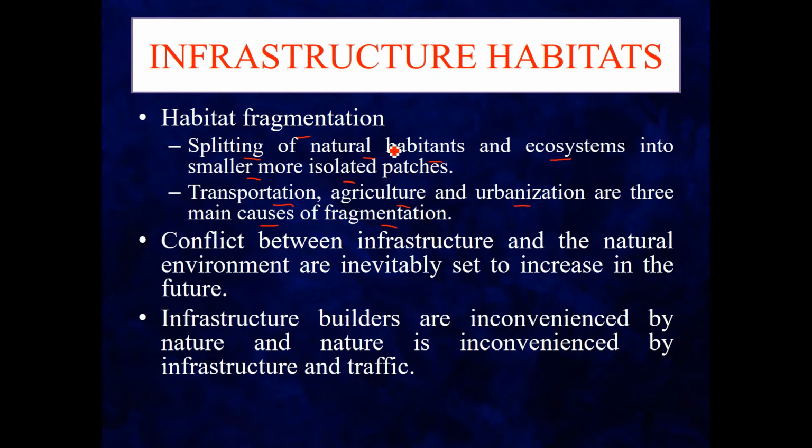Conflict between infrastructure and the natural environment will inevitably increase in the future. Infrastructure builders are inconvenienced by nature and nature is inconvenienced by infrastructure and traffic. So we have to create a bond between nature and infrastructure, right?